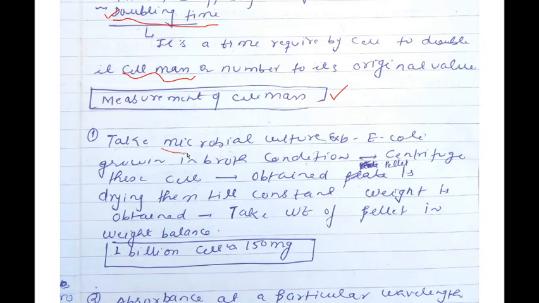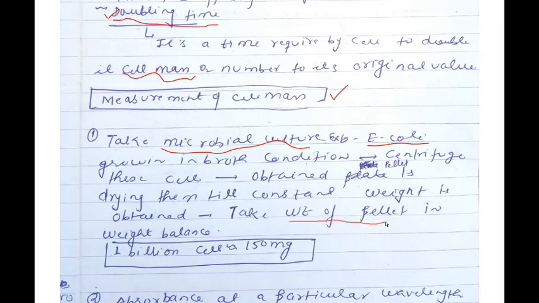So take the microbial culture in broth, and for example, if you are taking a bacterium such as E. coli and you want to see how much E. coli is produced by culturing, you can take the broth containing the E. coli. Now centrifuge the cells and obtain the pellet. Then dry the pellet and weigh it.